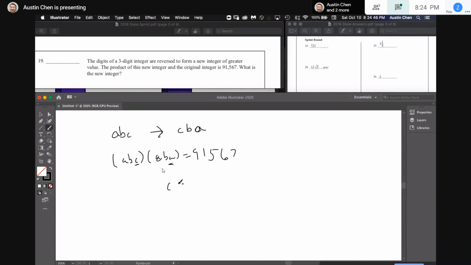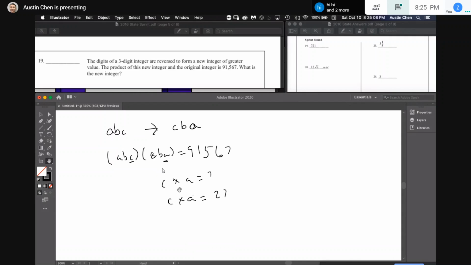So C times A can be 7, but it can also be 17. But 17 is prime, and it's also bigger than 10, so we can't have 17 and 1. So we don't have 17. We can't have C times A is 27, and anything else is too big, right?